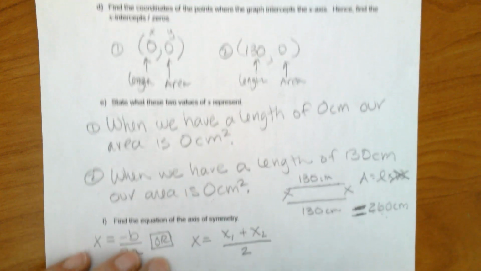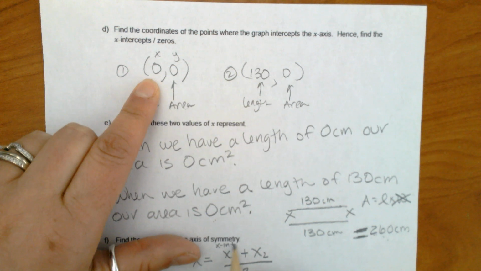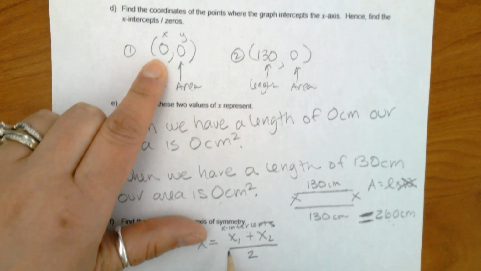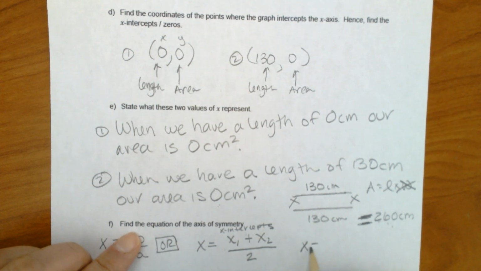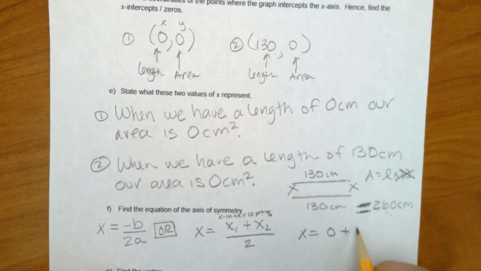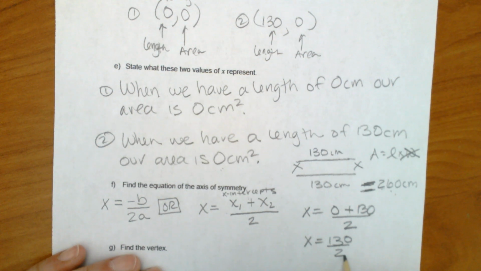So these are intercepts right here. Since we have the first x-intercept, so x equals 0 plus the second x-intercept, 130, divided by 2. So x equals 130 divided by 2.